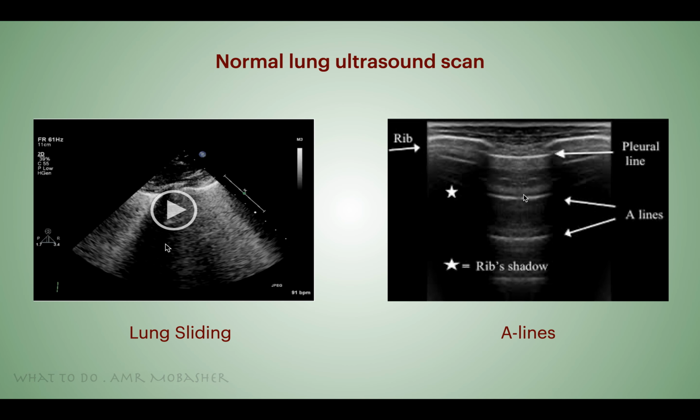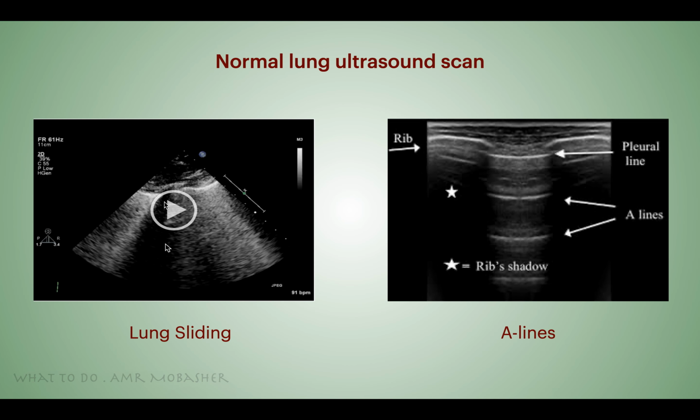Those lines are just reflections from the pleural line. They don't exist in reality. They are called A lines. Normal finding with no significant pathological value. This is normal: A lines, transverse lines, reflections from the pleural line.